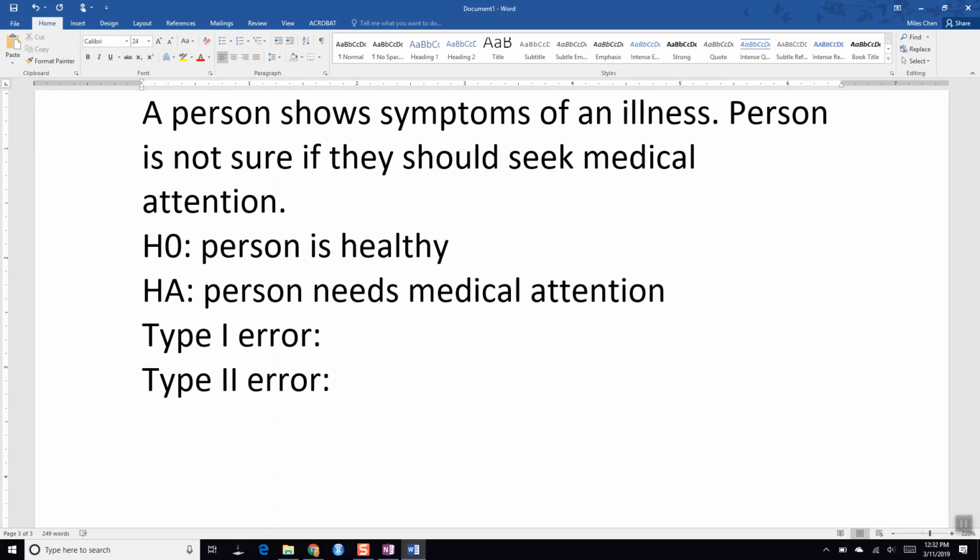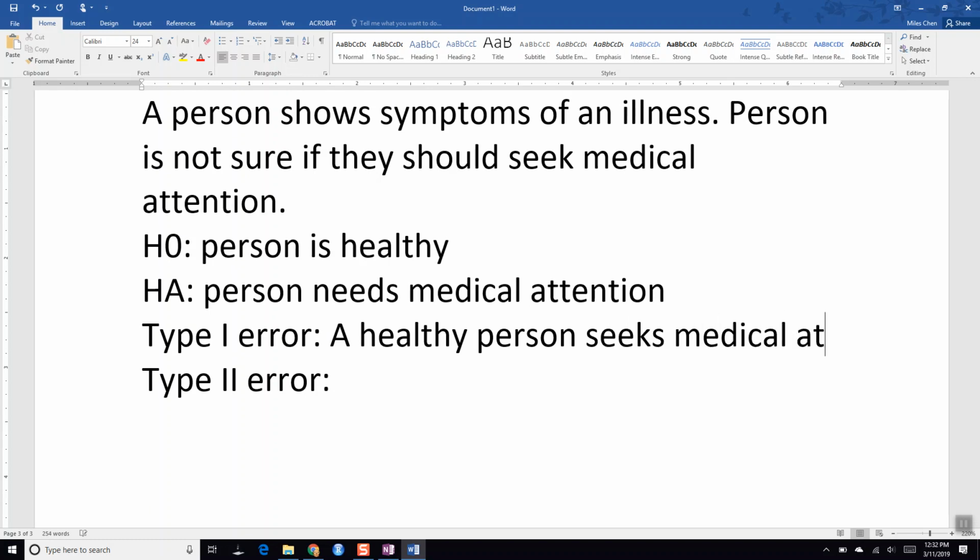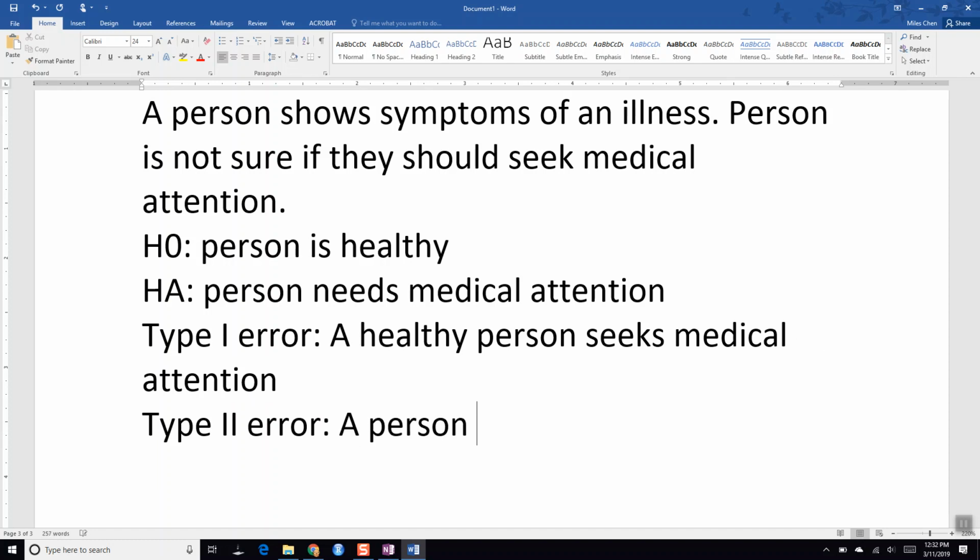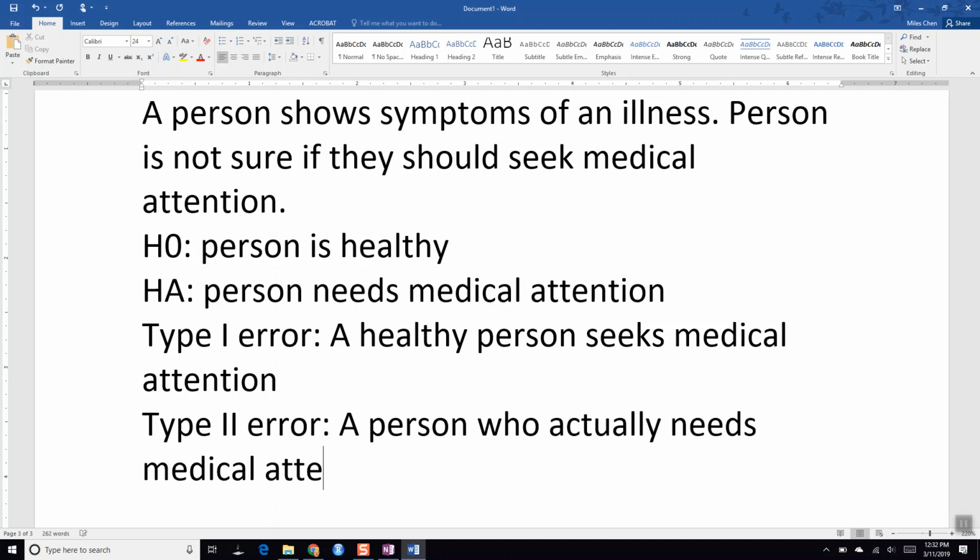So type 1 error is a healthy person seeks medical attention, right? And type 2 error is what? Yeah, a person who actually needs medical attention does not get it, does not visit a doctor.